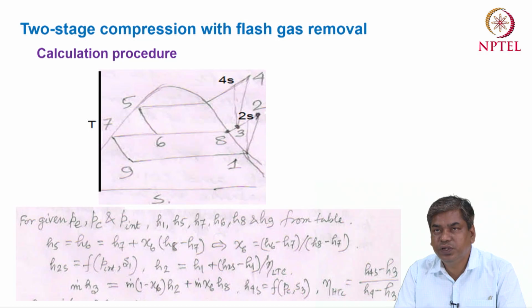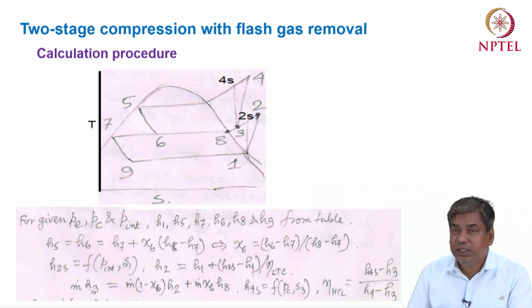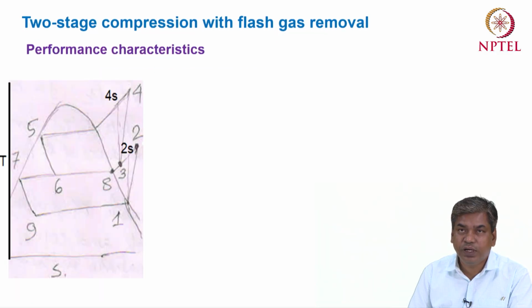So 3 to 4s is the isentropic process. So the enthalpy at point 4s we can get, and after that by using the isentropic efficiency of the high temperature compressor, we can get the enthalpy at point 4. Okay, so in this way we can get the enthalpy at all state points of this cycle. Okay, then we will go to the performance parameter.